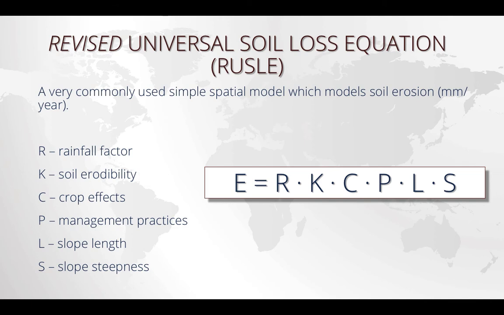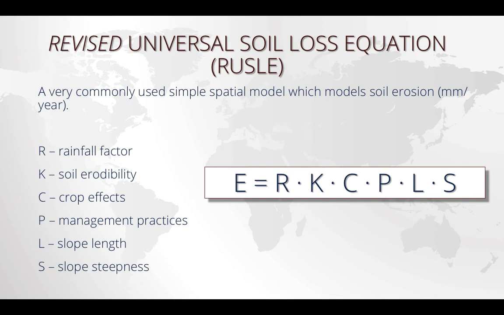A rainfall factor, which you can get from precipitation data, a soil erodibility factor, which you can get from soil survey information provided by USDA, crops, management practices, as well as length and slope, which come from a DEM. And you can put this into the equation and come up with an estimate of soil erosion.